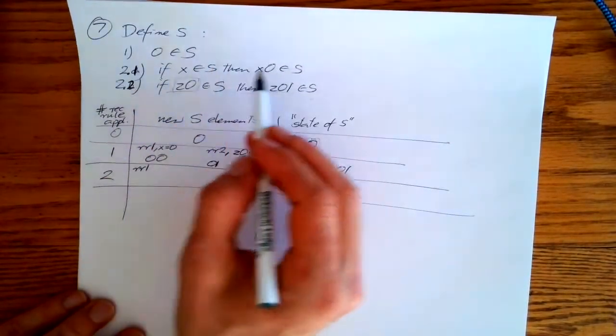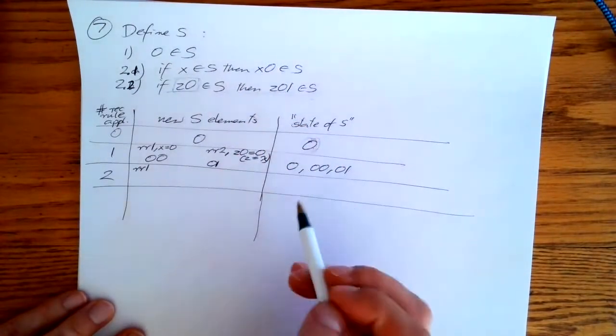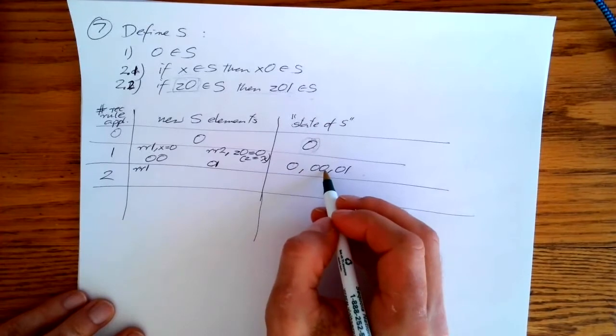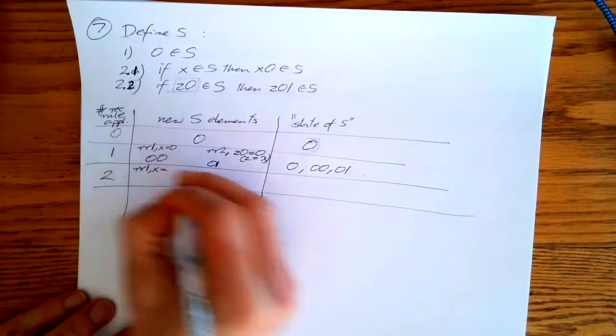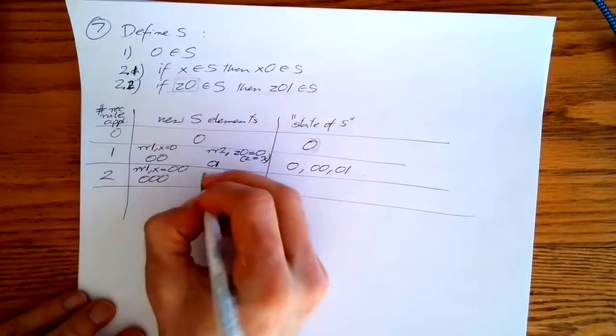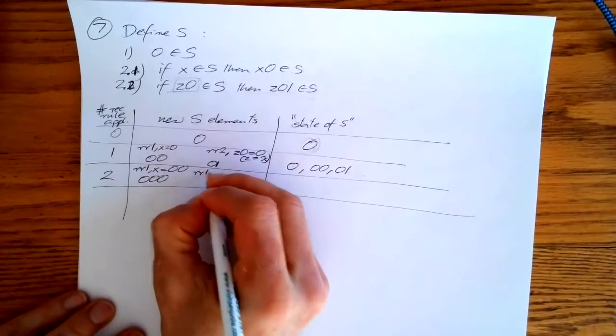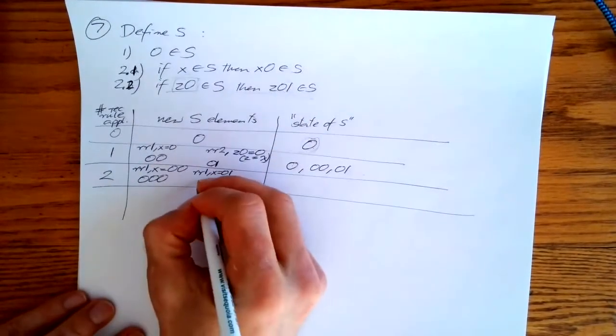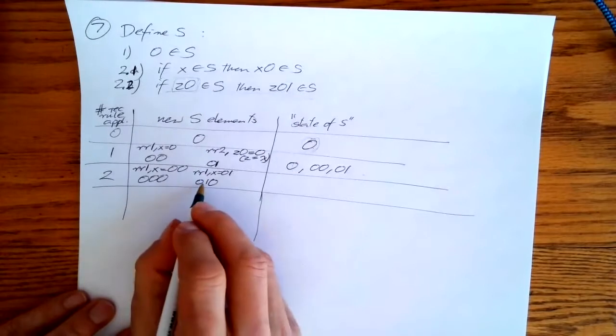Whatever element is in S, that element with a 0 is also there. So let's apply it to these guys. Well, this one is not gonna create anything new. So let's use it with these new guys, 0, 0. What are we adding? 0, 0, 0. If we use it with this string, we're gonna add 0, 1, 0.